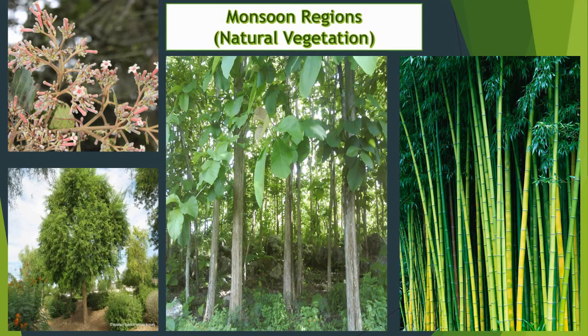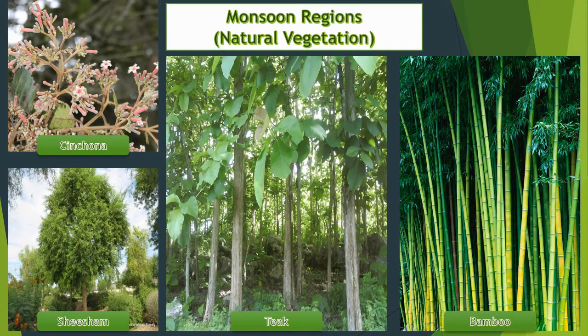Some examples of trees found in the monsoon region are the banyan tree, the peepal tree, teak, sal, shisham, sandalwood, cinchona, bamboo tree, acacia, shrubs, grasses, etc.